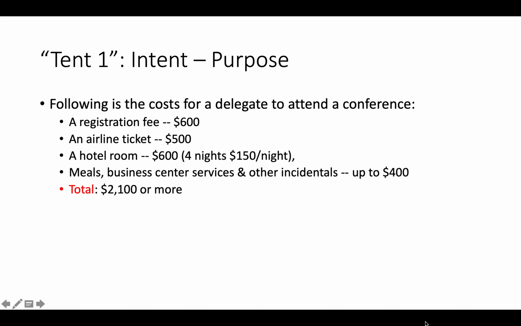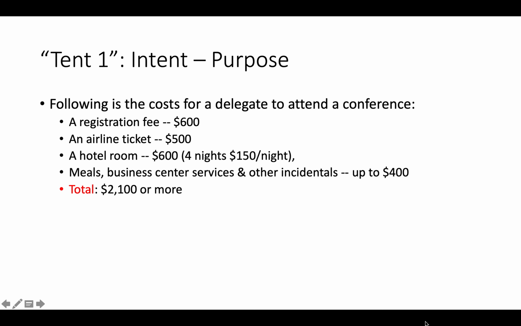Additionally, when we understand the purpose of the event, we will need to help the clients to put a better purpose on the plan in order to promote our event. So for a conference, this is the total cost for attendees to go to a conference, which is $2,100 US dollars.